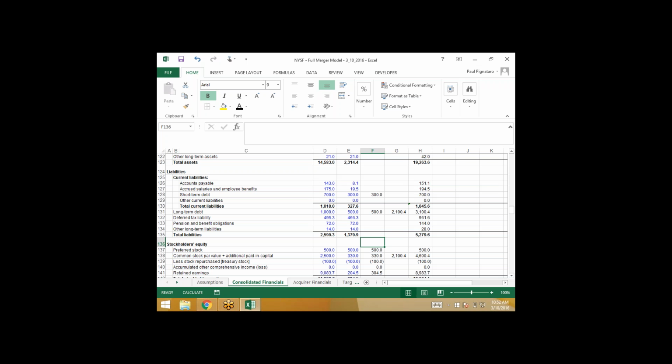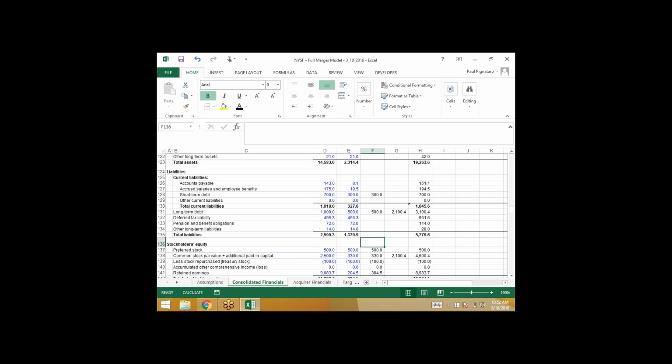Of these line items, how do we back into the purchase price? Book value of equity plus goodwill. Yes. Do you understand that?